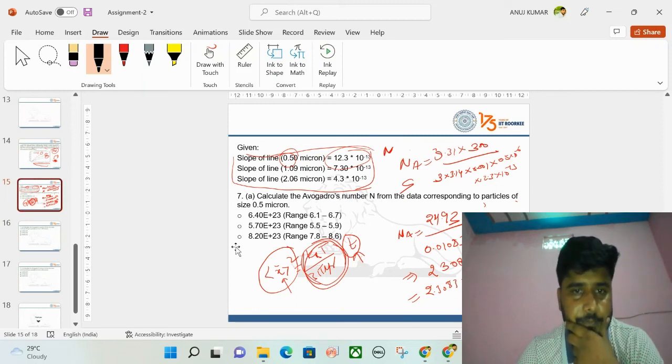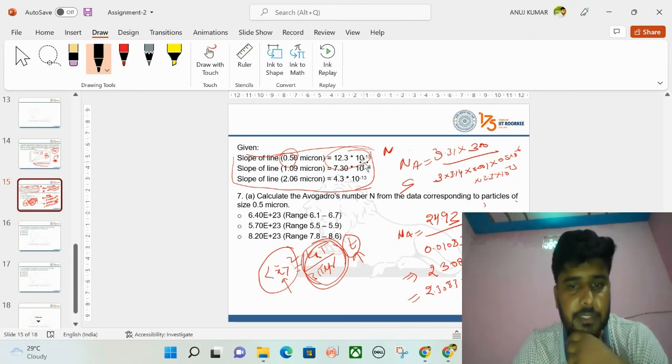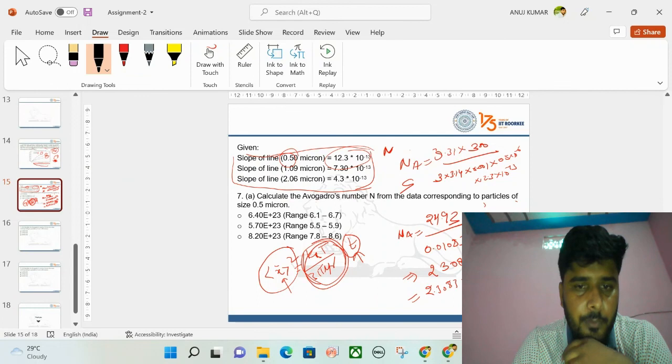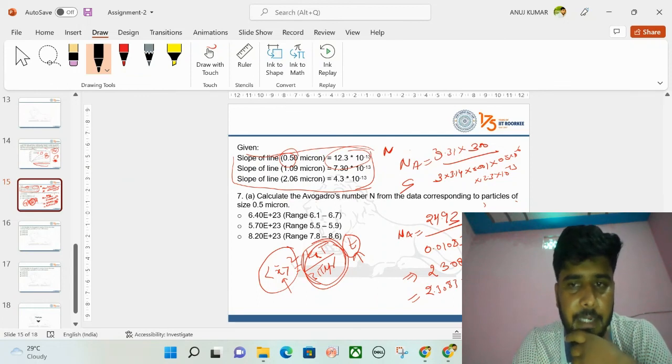These are the three radius values: 0.5, 1.09 and 2.06, with different slope values. You just have to put the slope values equal to this value and put the parameters accordingly.